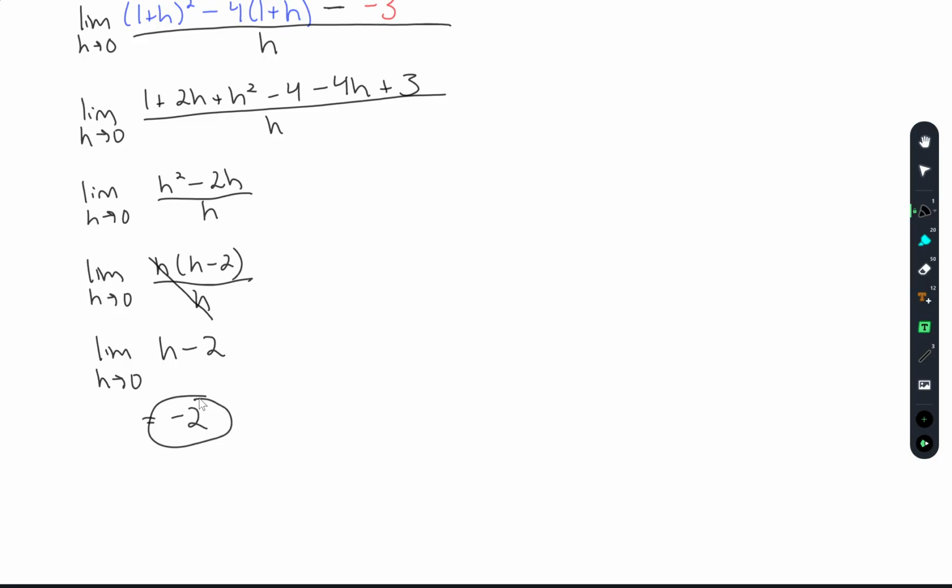So you're just solving the limit. No one's squaring weird, right?